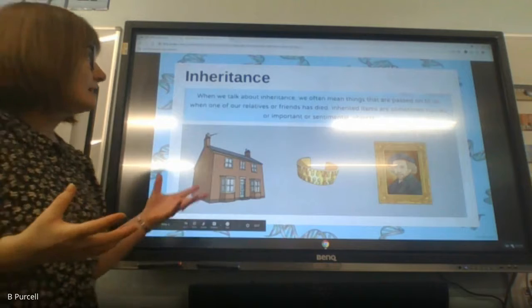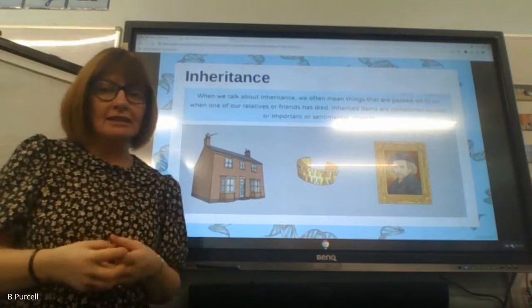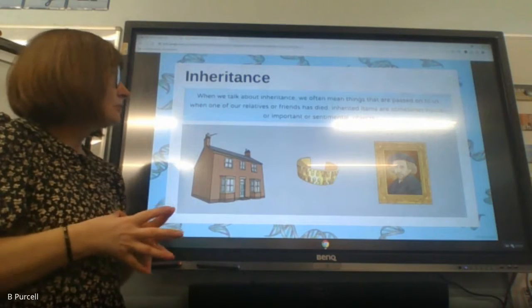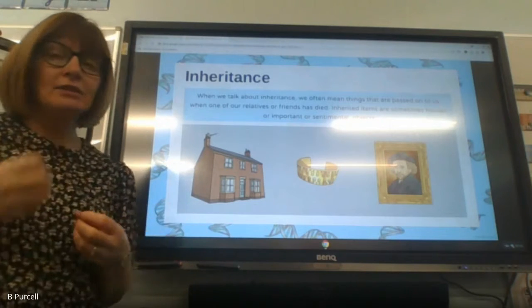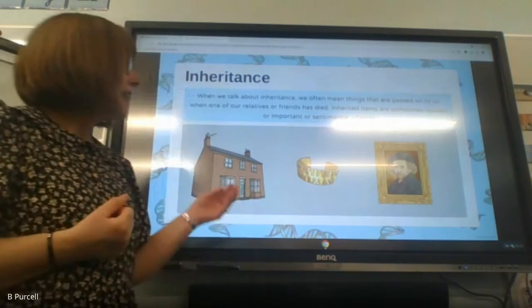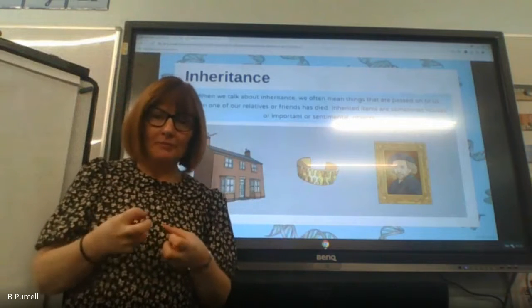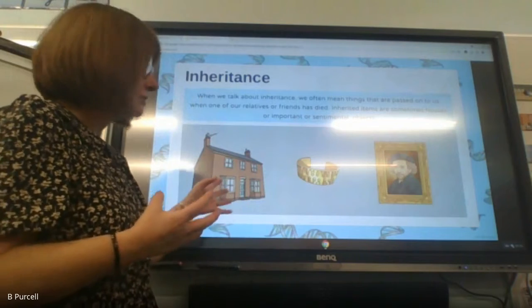Inheritance. When we talk about inheritance, we often mean things that are passed on to us when one of our relatives or friends has died. Inherited items are sometimes houses or important or sentimental objects. Okay, so the difference between inherited characteristics and inherited objects, items, is that these are concrete objects that we can see, hold, or belong to.